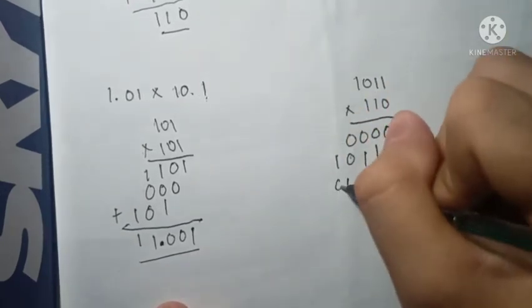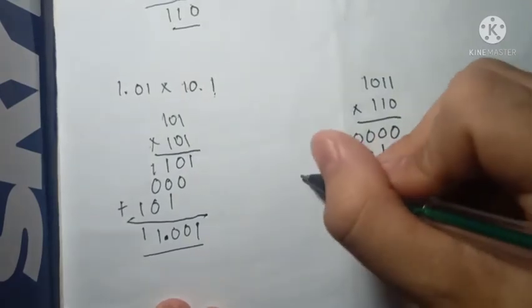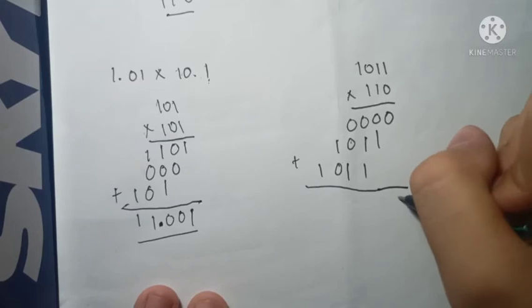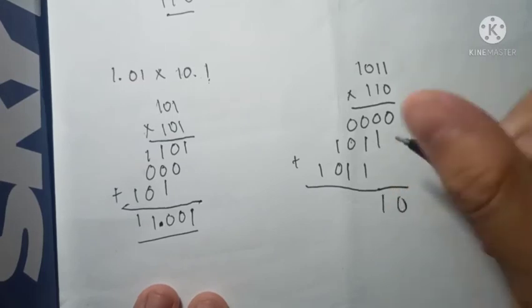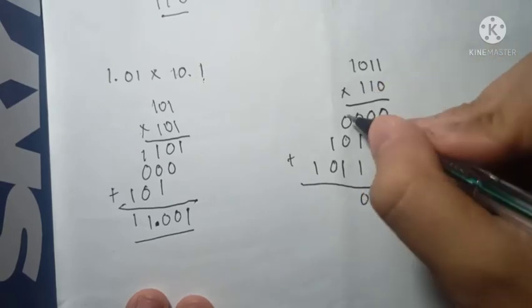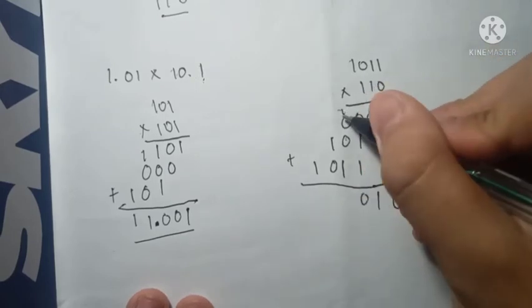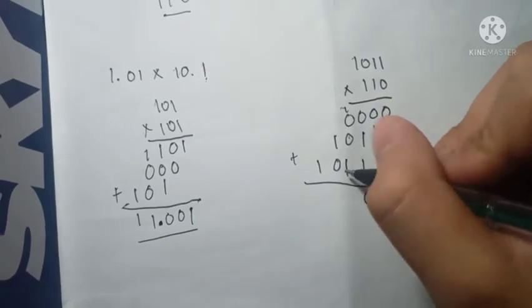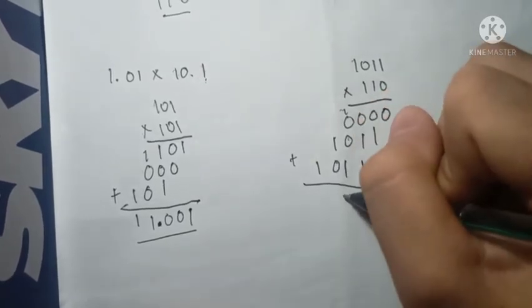Again, 1, 0, 1. So now we will add. 0, 0 plus 1, 1. 0 plus 1 plus 1 is 0, carry 1. 1 plus 0 equals 1, plus 0 equals 1, plus 1 equals 1, 0.